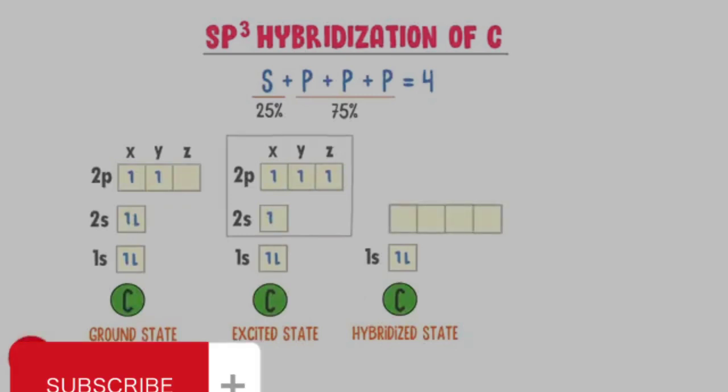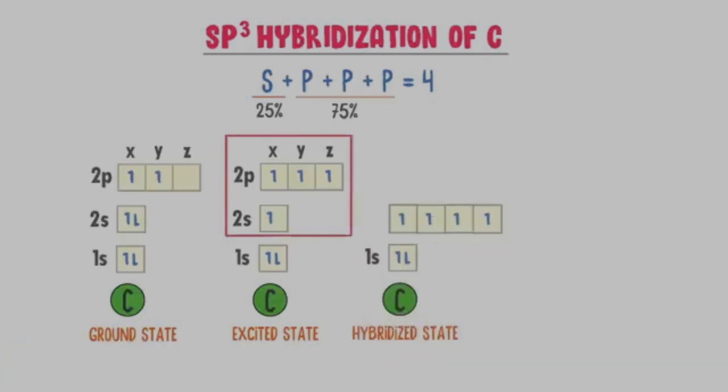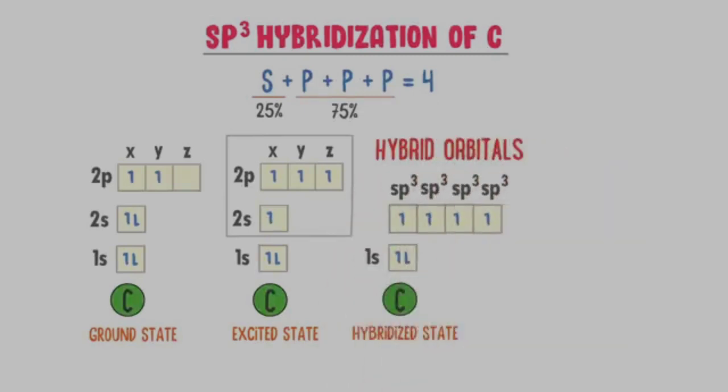Thus I will place these unpaired 4 electrons in these 4 hybrid orbitals. Remember that they must have the same spin. This is the first sp3 orbital, this is the second sp3 orbital, this is the third sp3 orbital, and this is the fourth sp3 orbital. So we have 4 hybrid orbitals sp3, each having 1 electron.